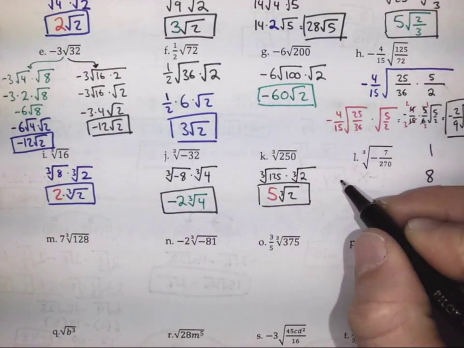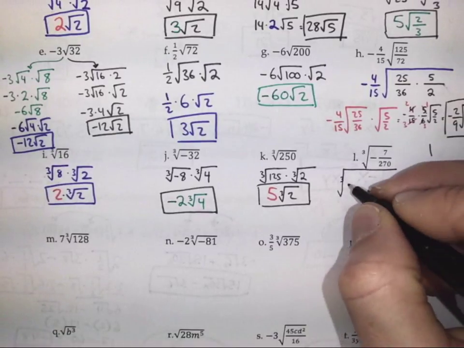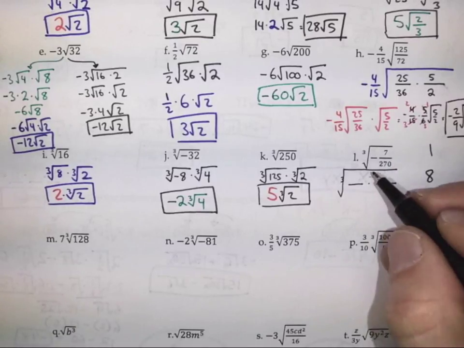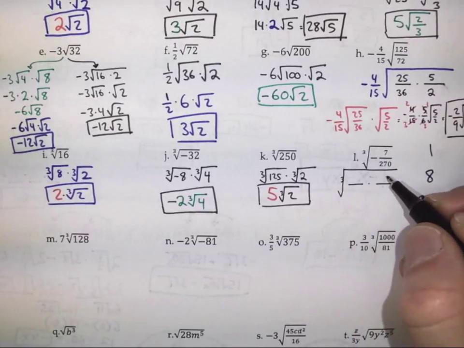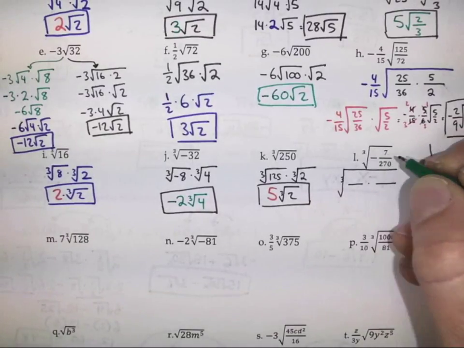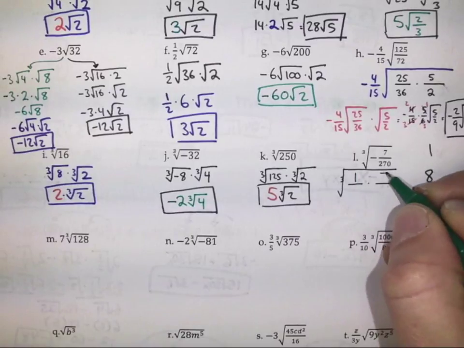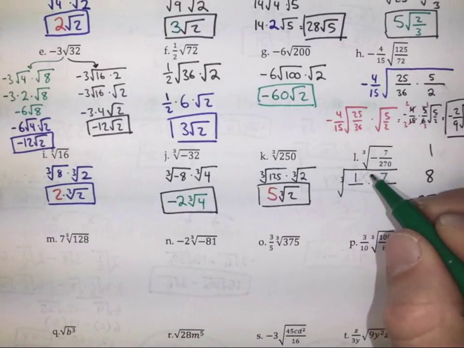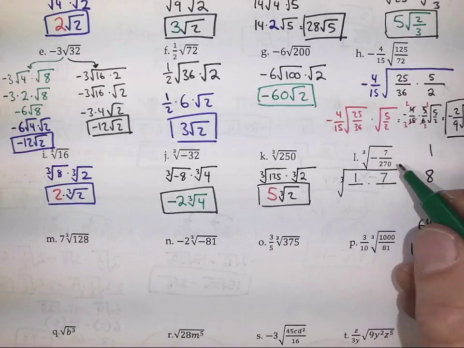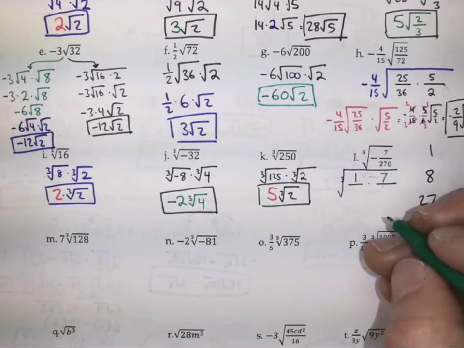Okay, so again, we're going to want to split this into a fraction with things that can be resolved out of a cube root and things that can't. Now, on the numerator, I can see that really the only factors of 7 are 1 and 7, so I can really just write it like this. I can't take it any further. 8 is too big. Okay, for 270, I can see that 27 definitely goes into 270.